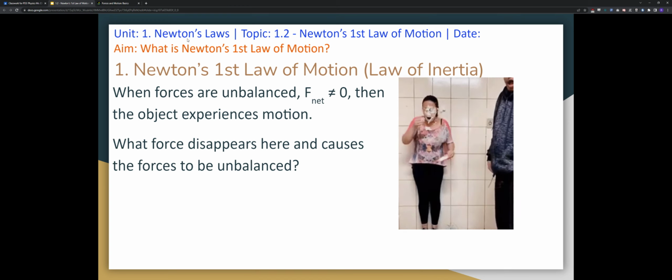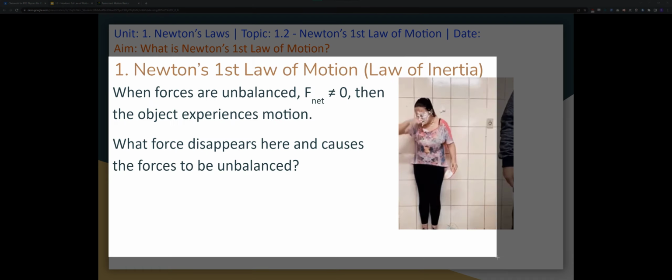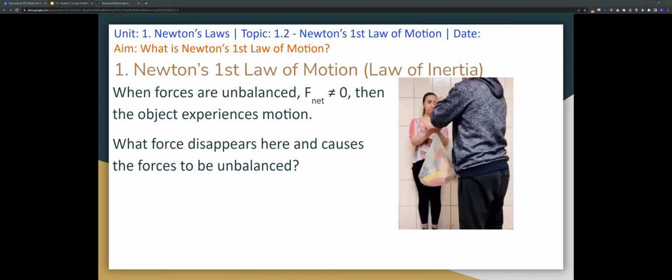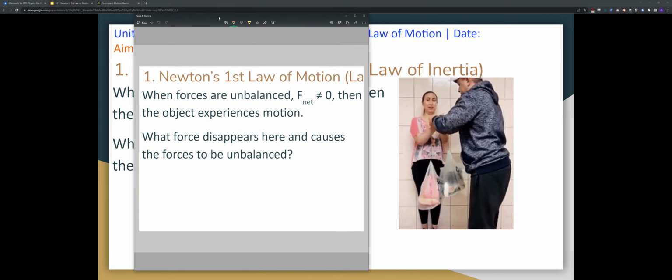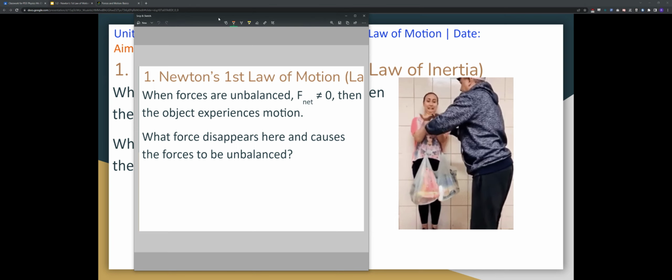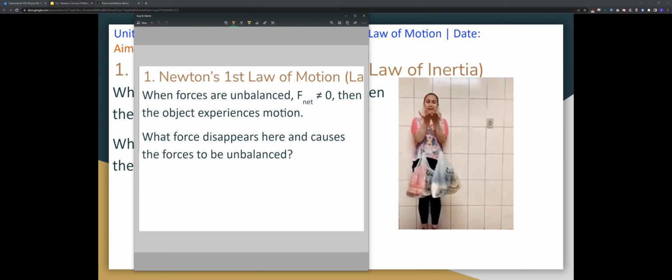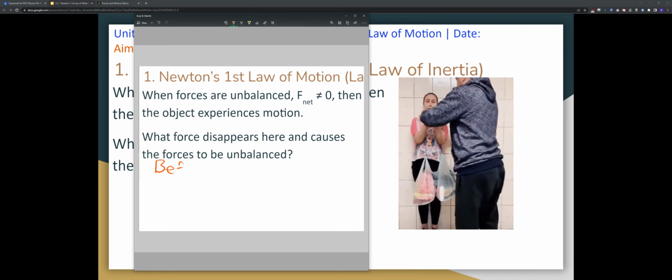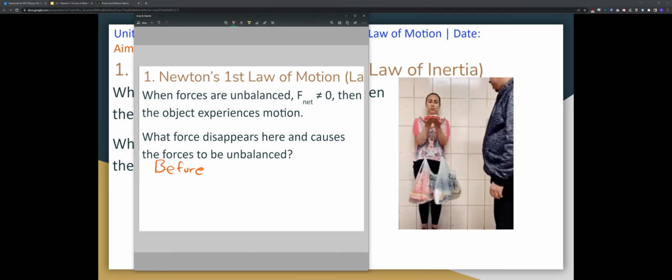So let's analyze this question on this slide right here. The question says, what force disappears here and causes the forces to be unbalanced? Let's take a look at this person. Before the situation, let's say the bags are connected before he cuts the bag.